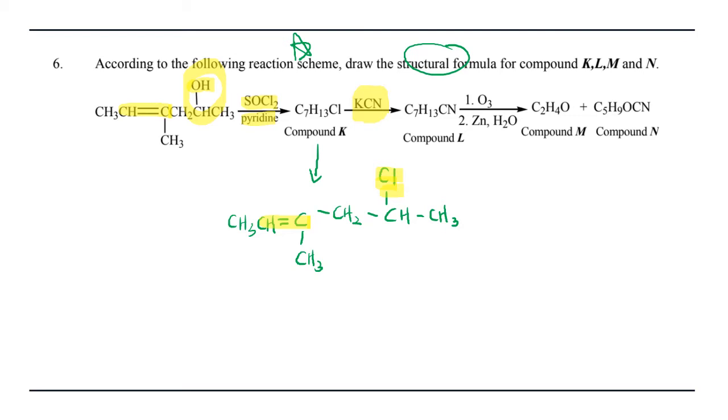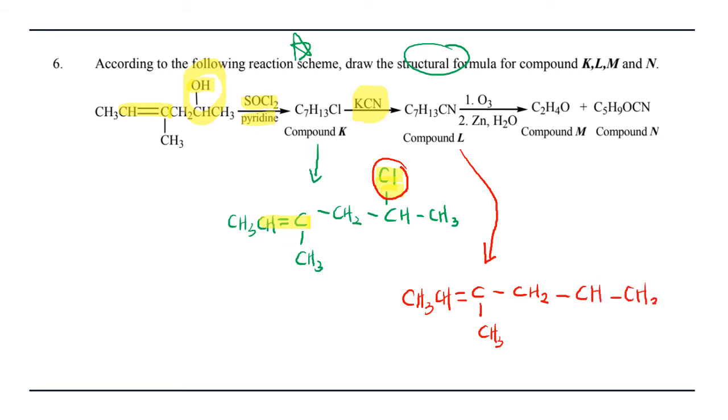KCN will react with the haloalkane, replacing the Cl with the CN, which is nucleophilic substitution. So we have this structure: CH3, CH, the double bond will remain, and then CH3, CH2, CH, CH3. So the Cl will be replaced with the CN.